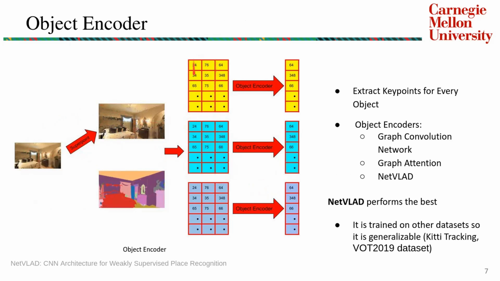We pass all these object-wise keypoint descriptors to an object encoder, which further encodes them into a single object embedding. We tried multiple object encoders, which are graph convolution network, graph attention network, and NetVLAD. NetVLAD performs best out of all the tried object encoders, and it can also be seen that even if NetVLAD is not trained on the MP3D dataset, it generalizes very well to it.